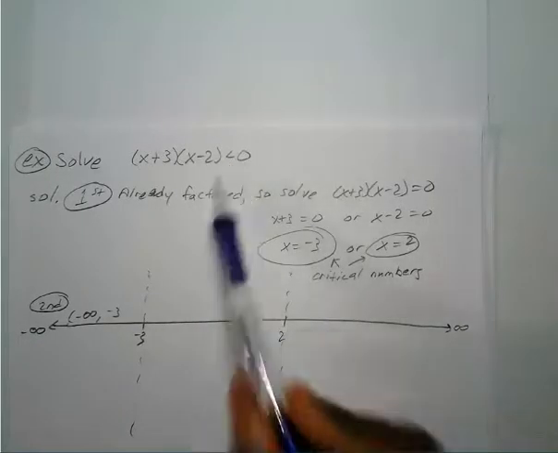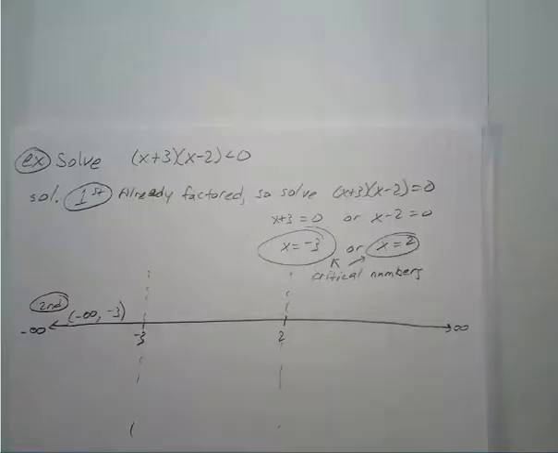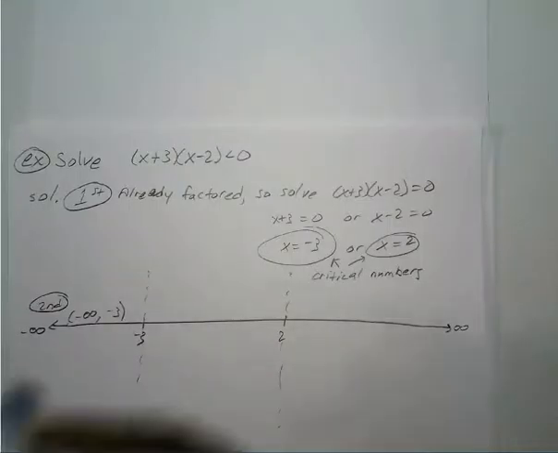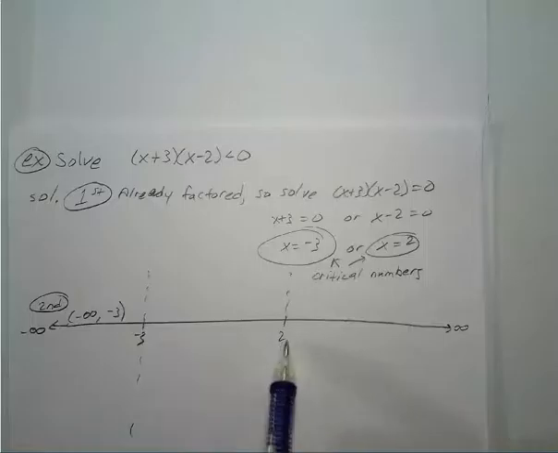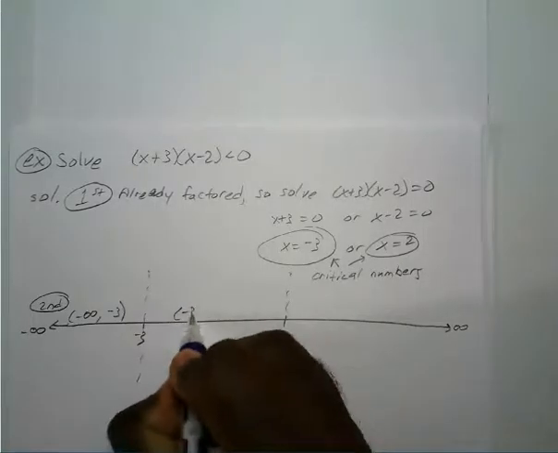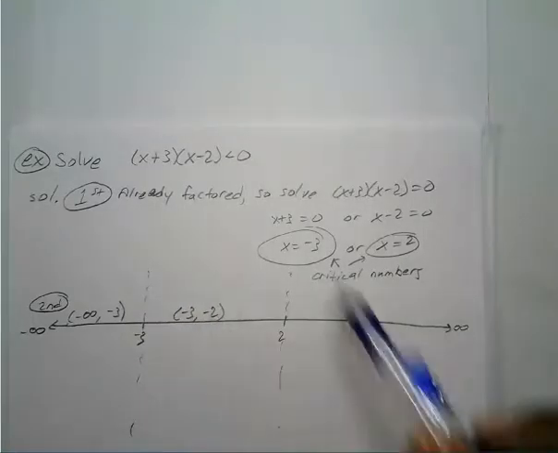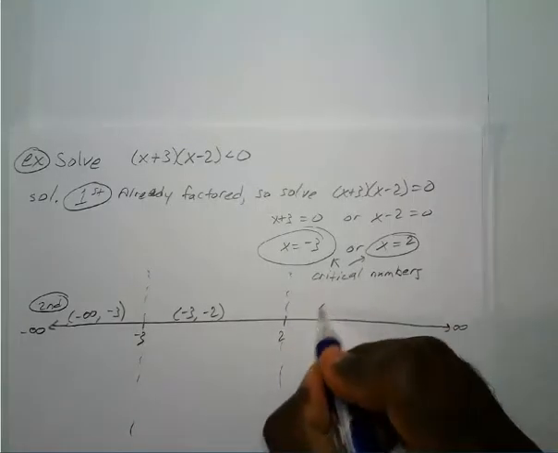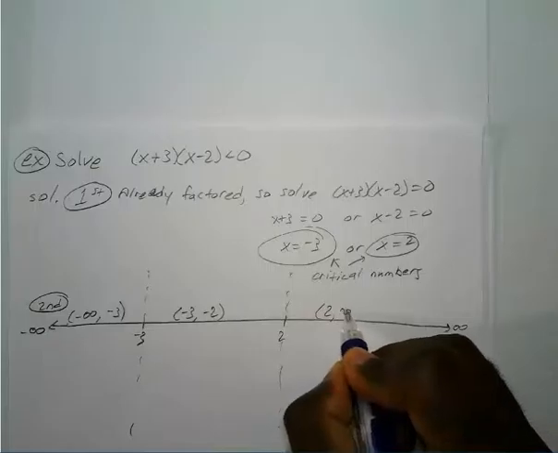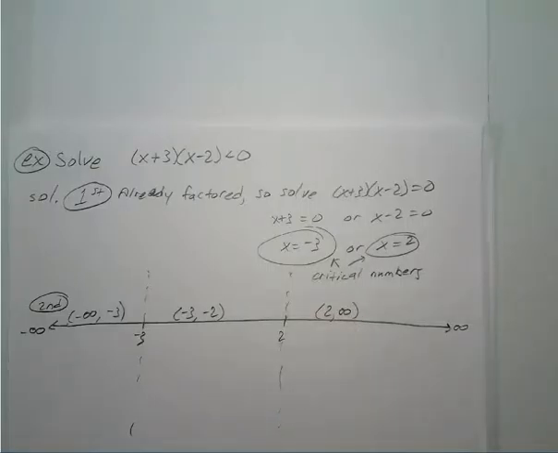And since we have less than, we're going to put a parenthesis there at -3. Now in between here, we have from -3 to 2, and again, we're using parentheses because of the less than. And this goes from 2 all the way to +infinity.